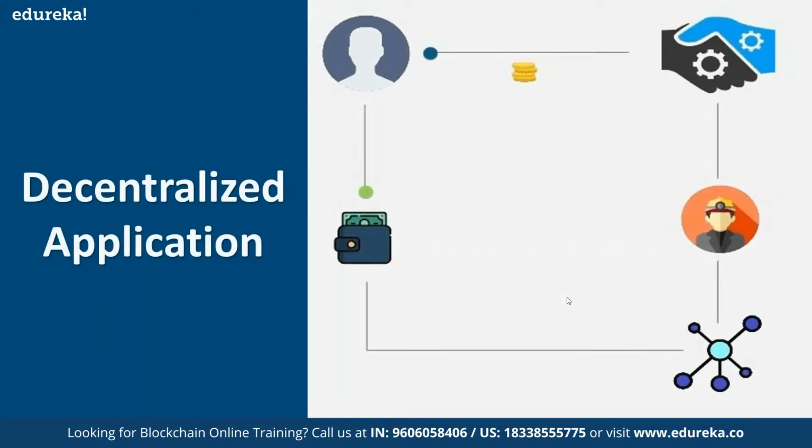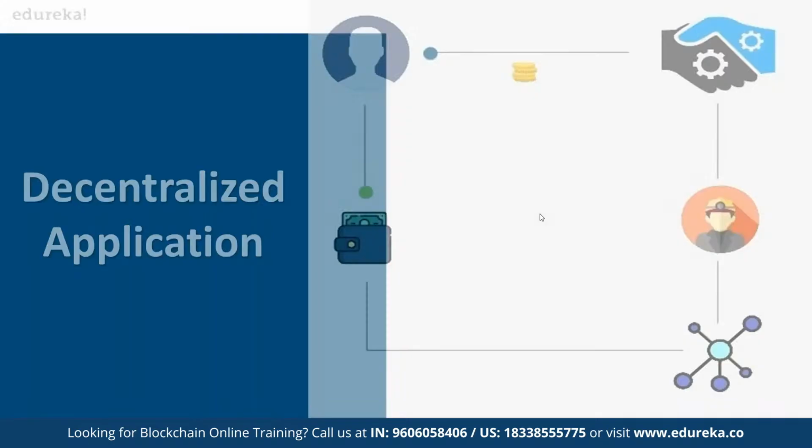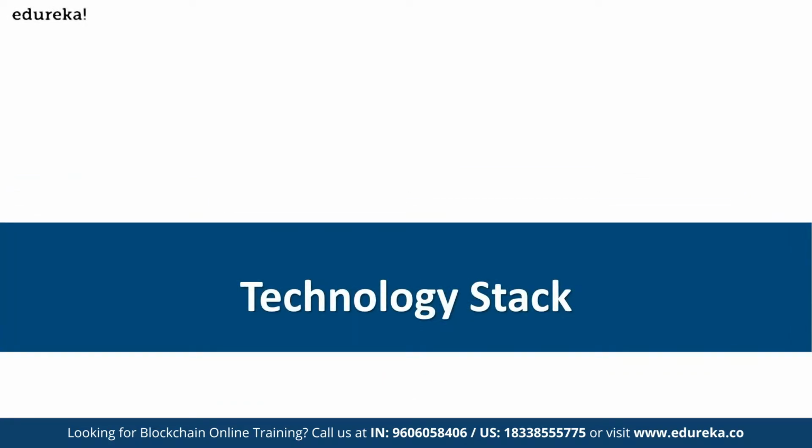Now, with the help of this blockchain, with the help of this digital ledger, since the ledger is stored in a redundant manner in various nodes, it is not easily possible to perform corruption. So this is one of the main advantages of having this application as decentralized.